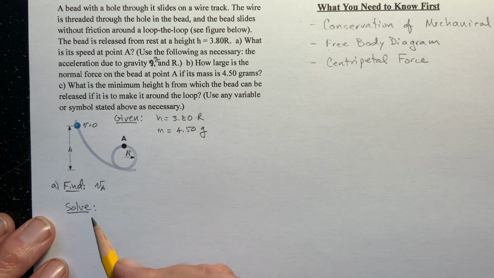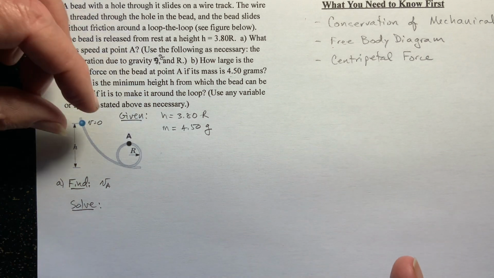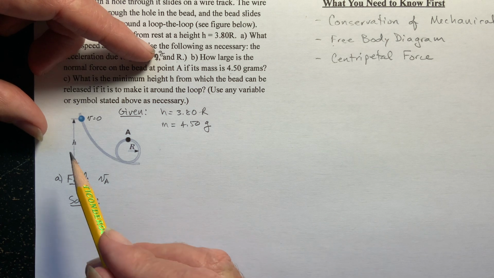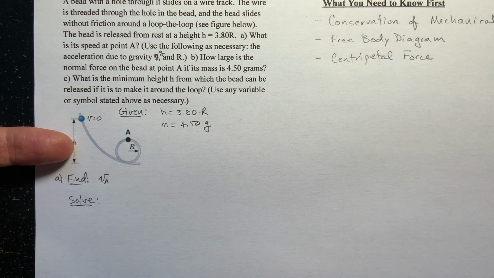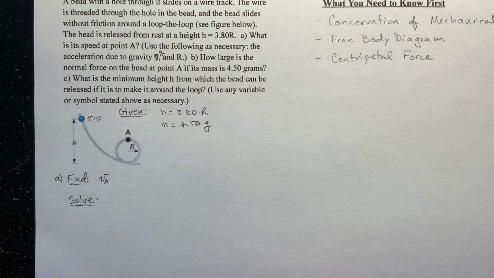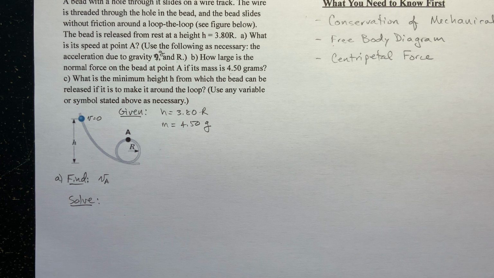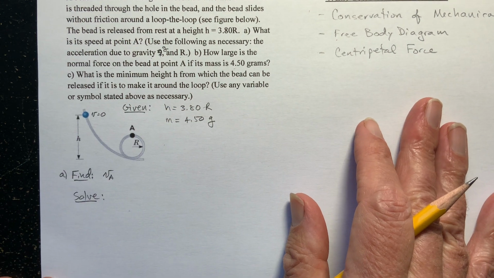That's the conservation of mechanical energy. Once I lift this up, it has gravitational potential energy. I release it and it slides down. As it goes down, it loses gravitational potential energy but gains an equal amount of kinetic energy. The sum of the potential plus the kinetic stays constant throughout this whole problem. We're going to use that idea to help us.